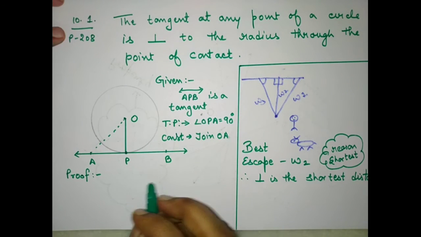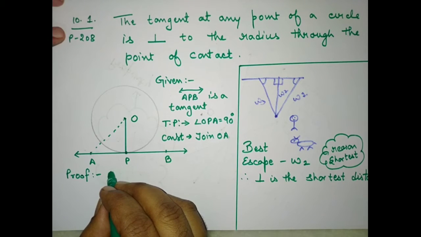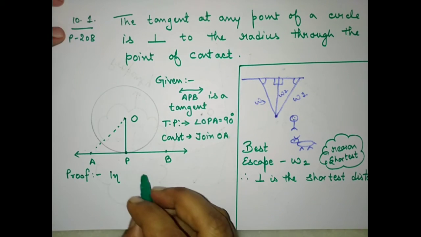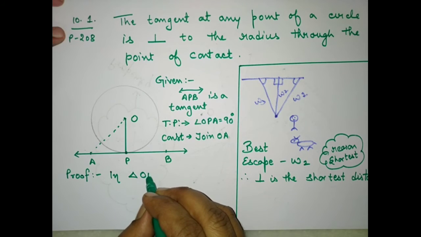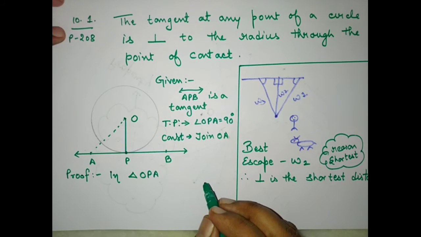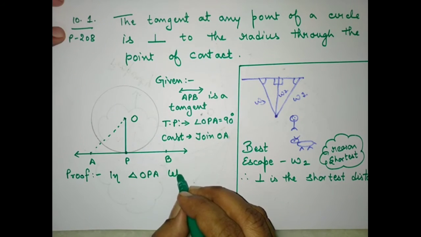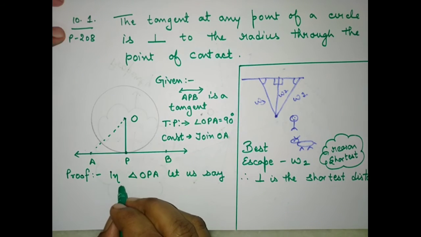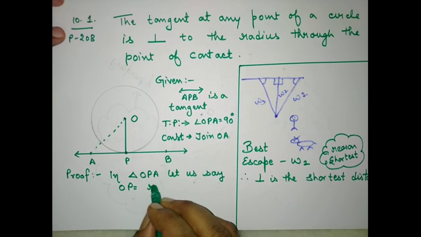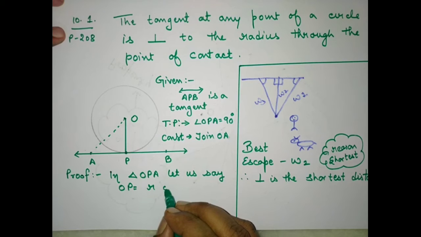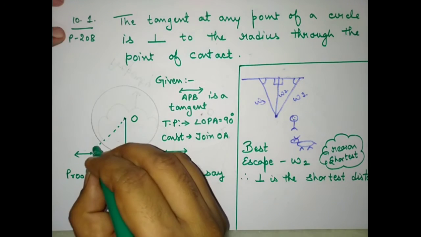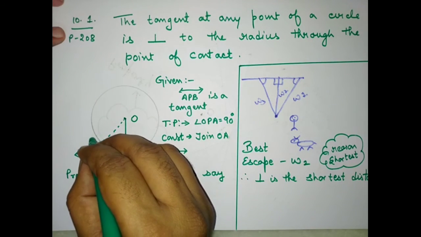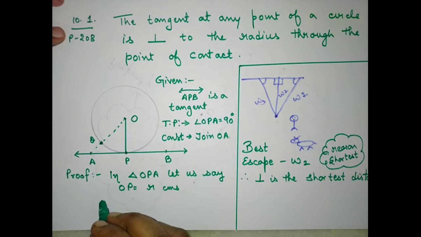For this, let the distance OP, that is also the radius of the circle, be R. So in triangle OPA, let us say OP is equal to R, where R stands for the length of the radius. So we will say OP is R centimeters.